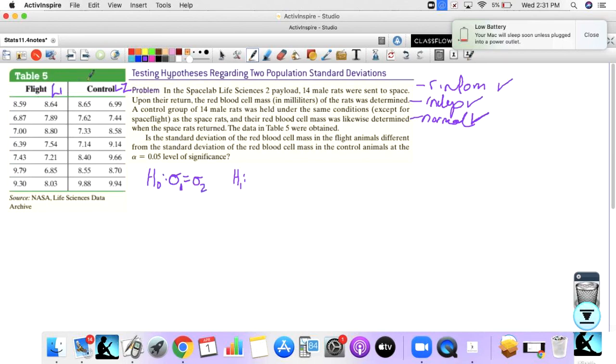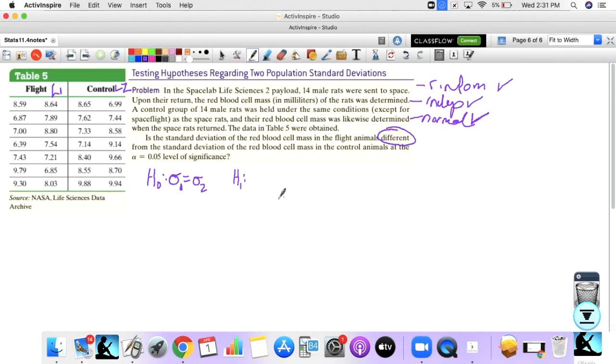I'm going to use flight as my first and control as my second. They want me to see if there is a difference between the two. Okay, so that is going to be that they are not equal. So it would be that my first standard deviation is not equal to my second standard deviation, at a 0.05 level of significance.